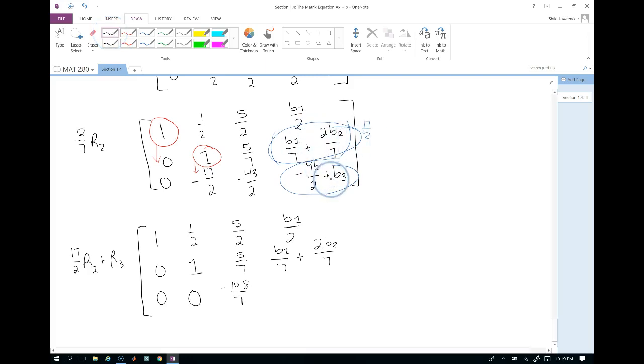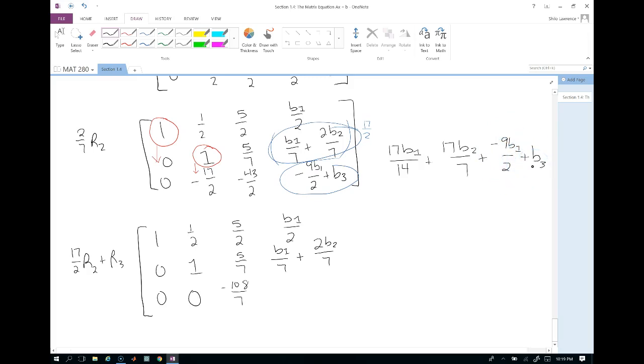I am going to go ahead and distribute because we're going to end up with some like terms that we can combine. So I have 17 halves times B1 over 7. That's going to be 17B1 over 14. And then 17 halves times 2B2 over 7. Those 2's are going to cancel. I'm going to have 17B2 over 7. And then I want to add to that what I already have in row 3, which is negative 9B1 over 2 plus B3.